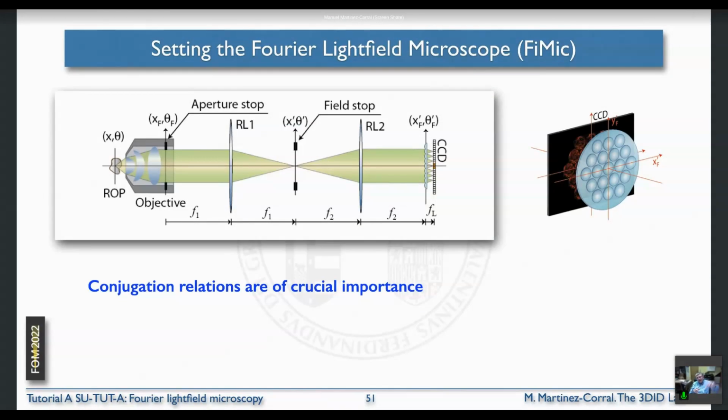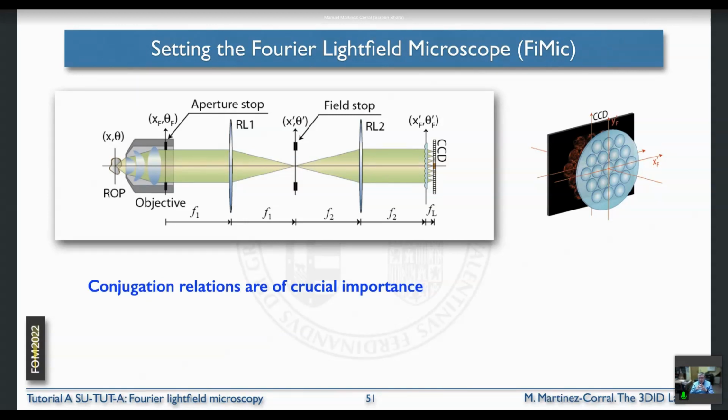And in the last part of my tutorial, I think I'm going too fast, I'm sorry. In the last part of my tutorial, I will tell you how to set up the Fourier Lightfield microscope in your lab.